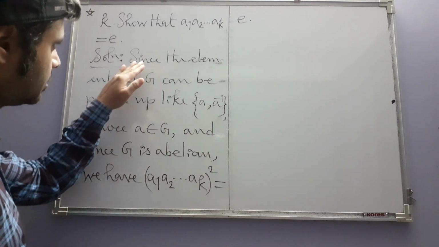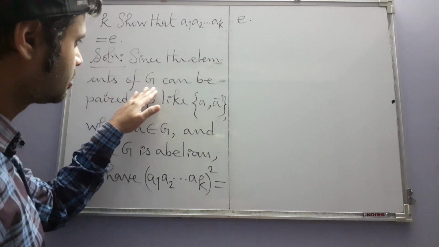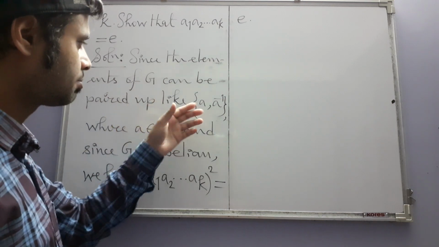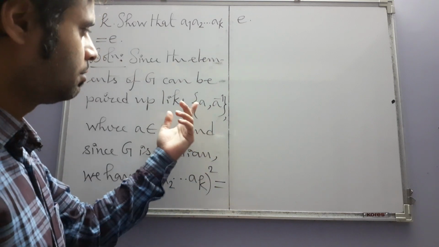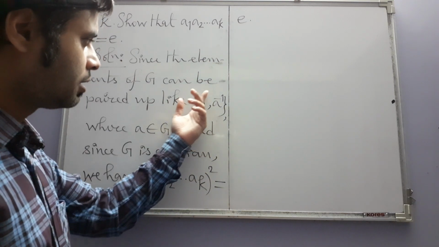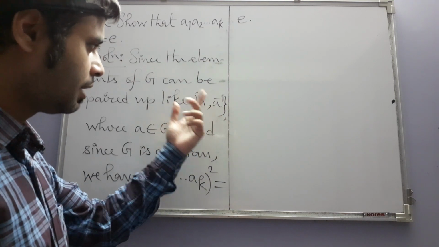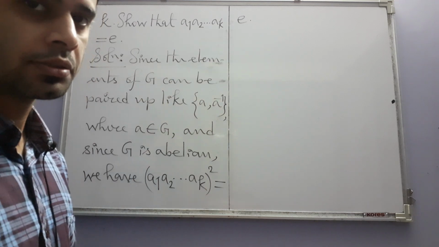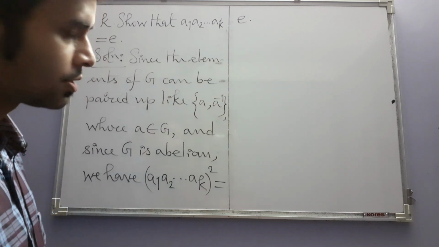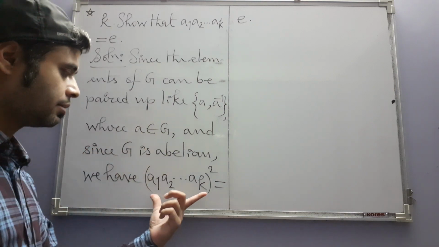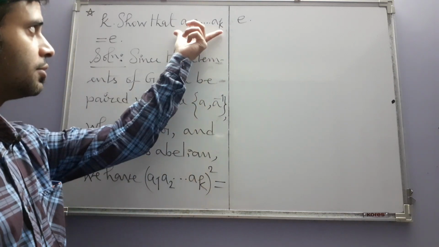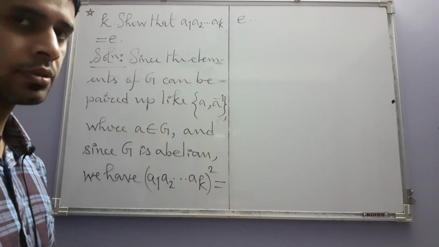What I am saying here is that since the elements of G can be paired up like this, that is, we are pairing up an element and its inverse, and since G is abelian, the square of this element should be E. How?